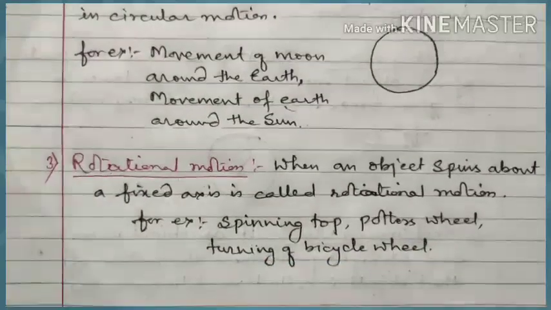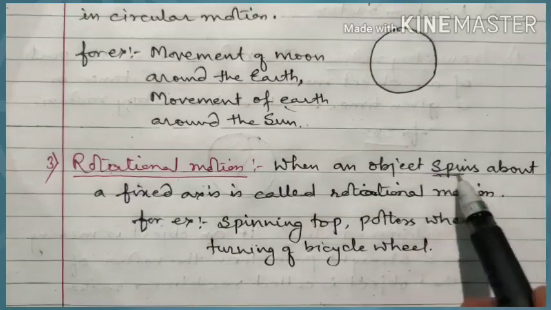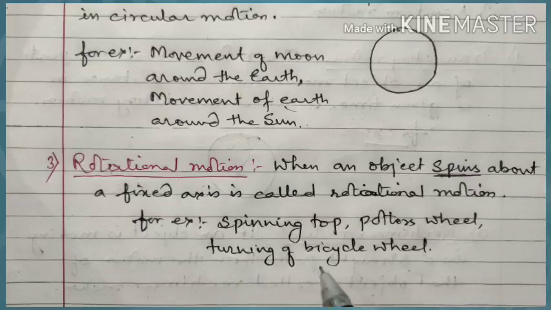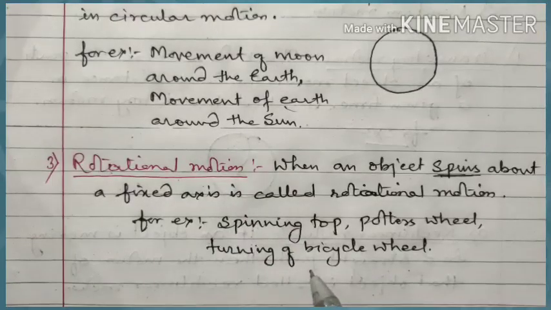These are examples where an object spins about a fixed axis. It means the path is fixed and the object is continuously rotating around that path. These types of motion will be called rotational motion.